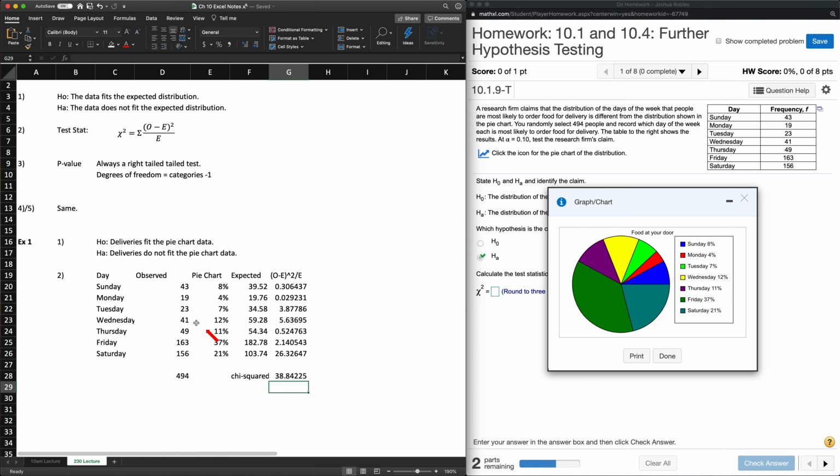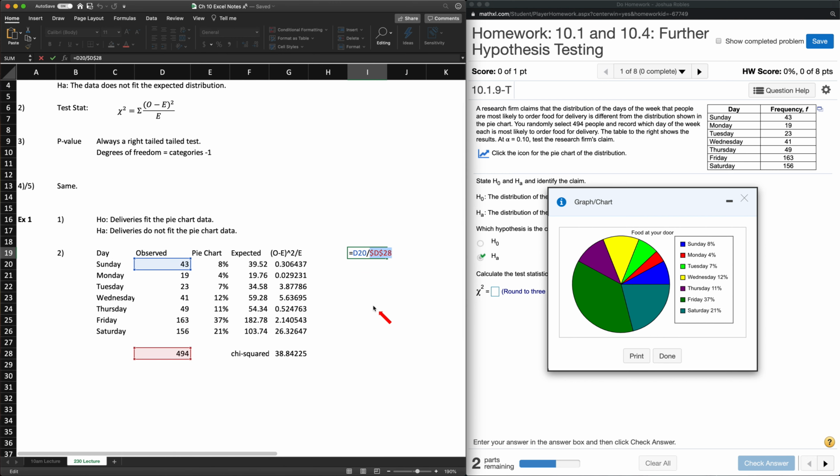So again, this is comparing what the percentages would have actually been, and maybe let me write that down. So 43 divided by the 494, but we need that not to move, so we need to dollarize that. So here are the percentages we actually observed.